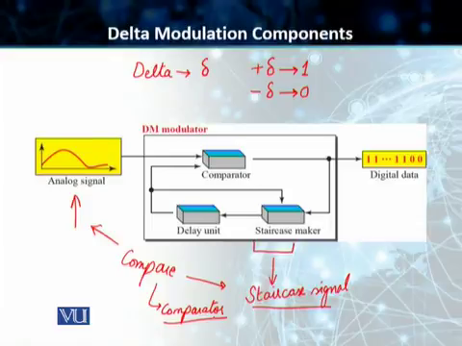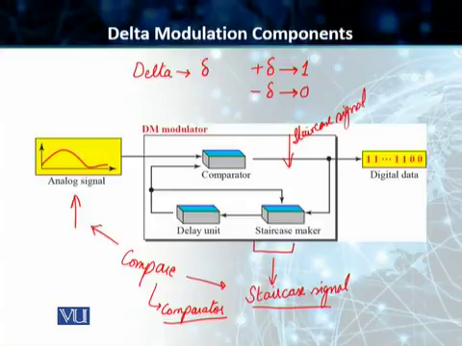Students, one additional point before we leave this modulation process, and that is that the output of the comparator that you're looking at, it also makes a staircase signal itself. So this output here, this is also a staircase signal.